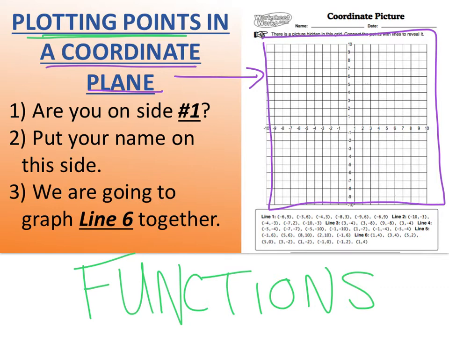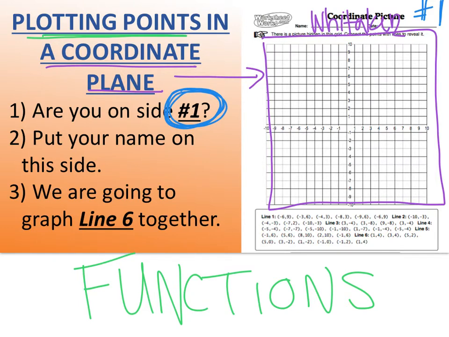The first thing I need you to do is make sure that you are on side number 1. There's a big number 1 up at the top, and I want to make sure you're on side number 1. So get there. Once you're there, I want you to go ahead and put your name on that side. So up here I would write Whitaker, but you guys are going to write whatever your name is.